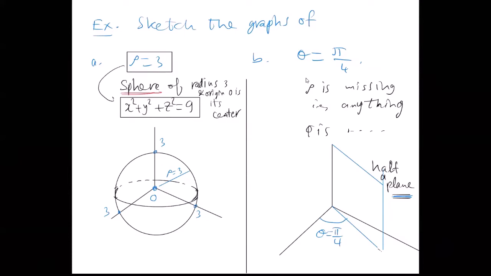How to come from this equation into this equation? Square it. So it's rho squared equals 9, and rho squared, as you know, is x squared plus y squared plus z squared. So this is the usual standard equation of a sphere whose center is the origin.